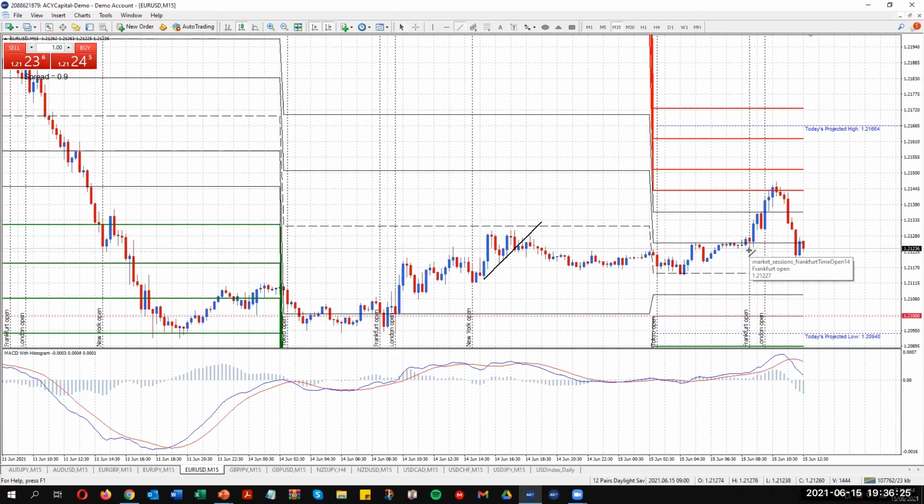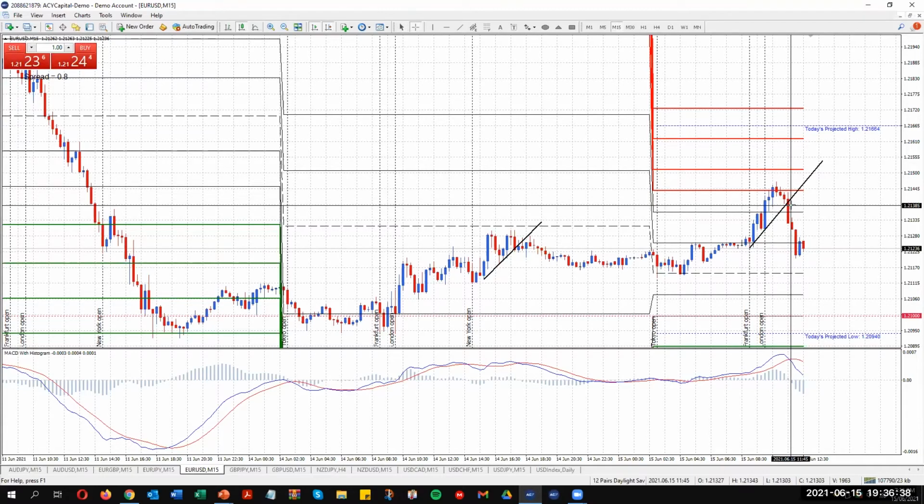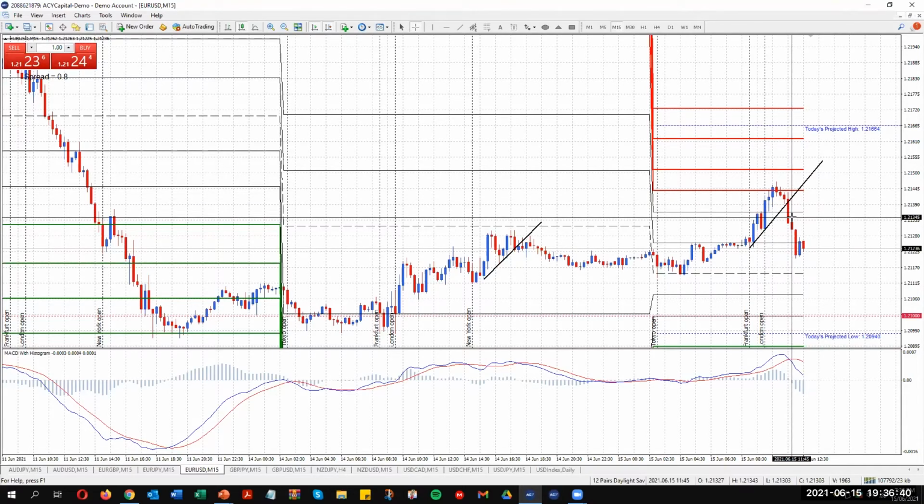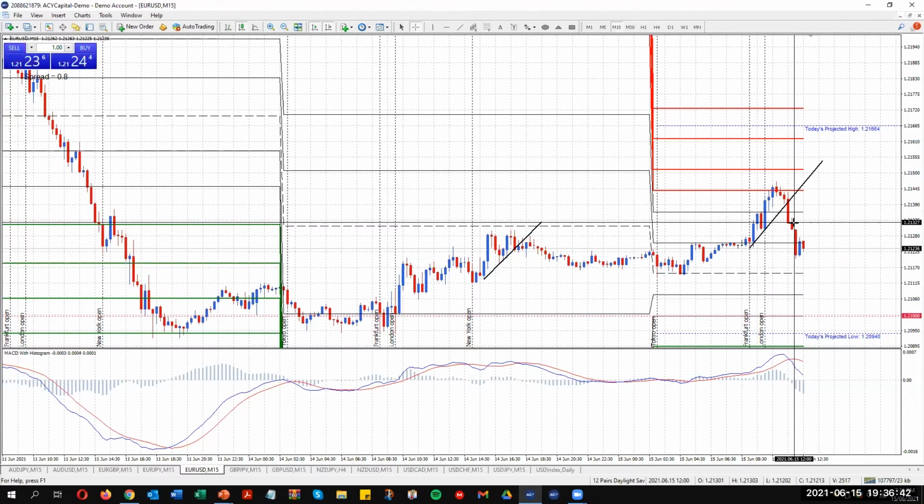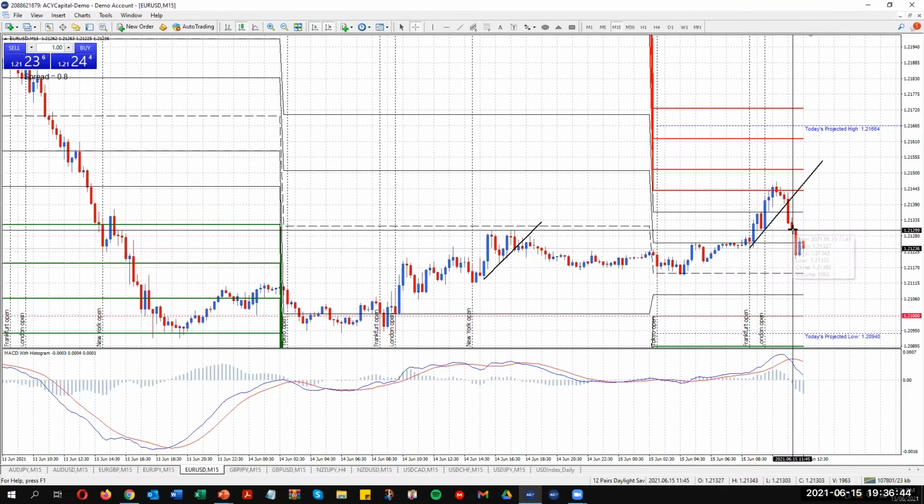Now, there was a trend line coming up through here. We got resistance forming at the M4 pivot. We did get a trend line break, and the MACD cross didn't actually occur until the close of this candle just there.